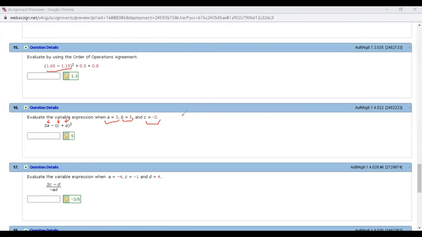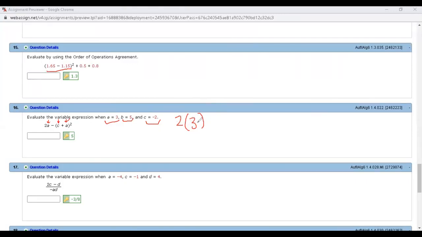So let's look at 16. We got 2A. A is 3. So remember, when you guys are plugging things in, try to put parentheses around it to kind of signify that you plug something in there. And it helps if you plug in a negative number so that it does not look like subtraction.